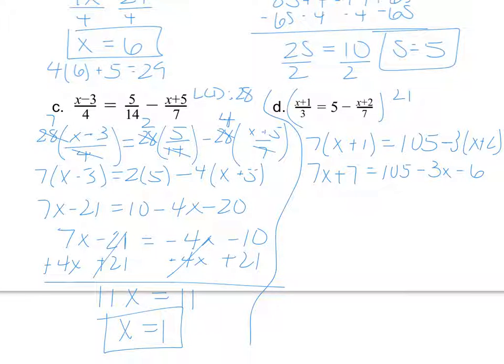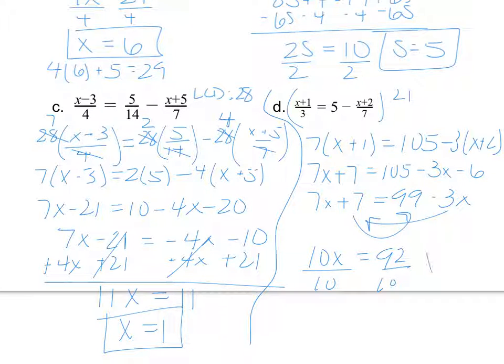So I have 7x plus 7 equals 99 minus 3x. I'm going to bring the 3 over to the left side, bring the 7 over to the right. And so I have 10x equals 92, divide by 10, and I find x is 9.2.